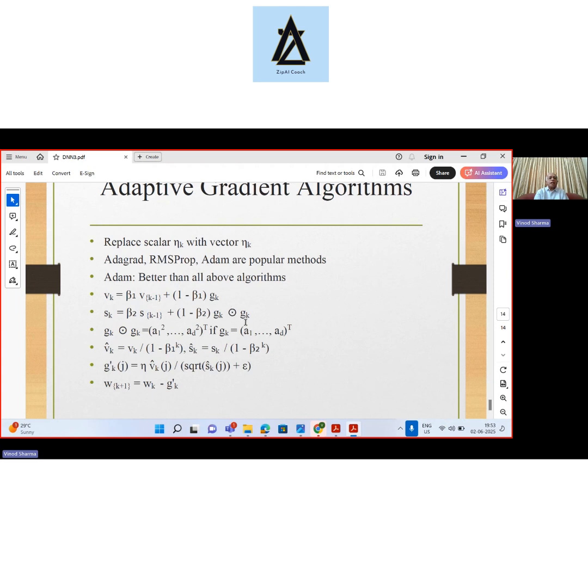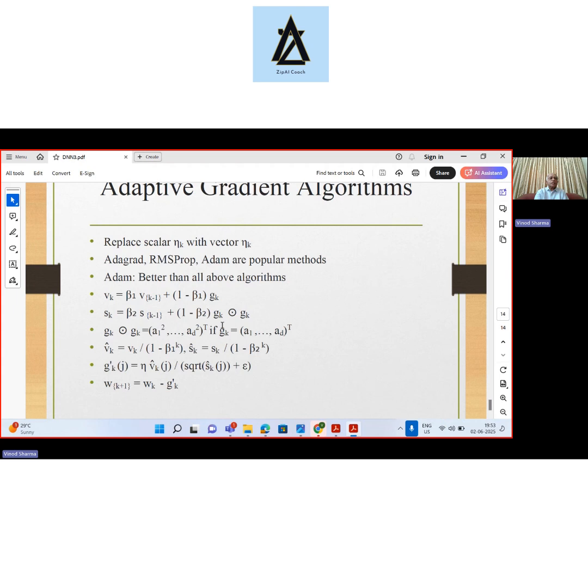This is defined as: if Gk is the vector with components a1 to ad, then Gk circle Gk is component-wise, each one of them squared: a1 square up to ad square, transpose. So Sk is defined this way.